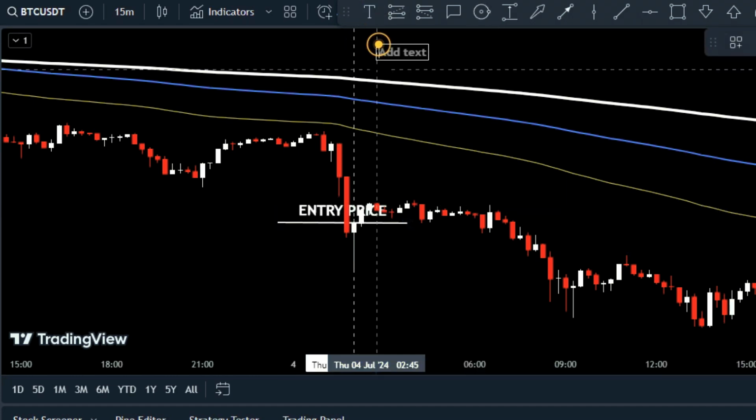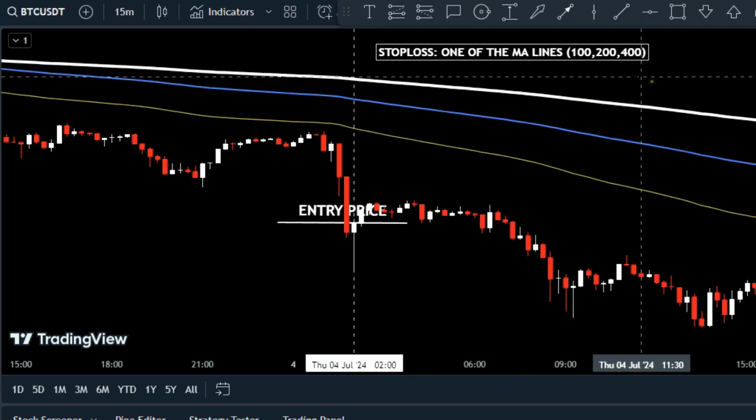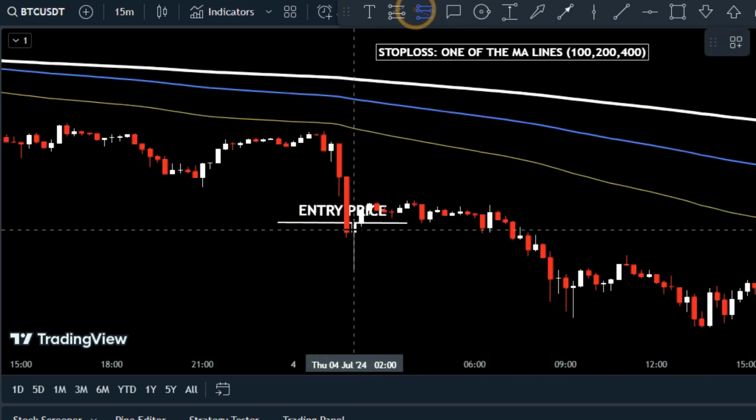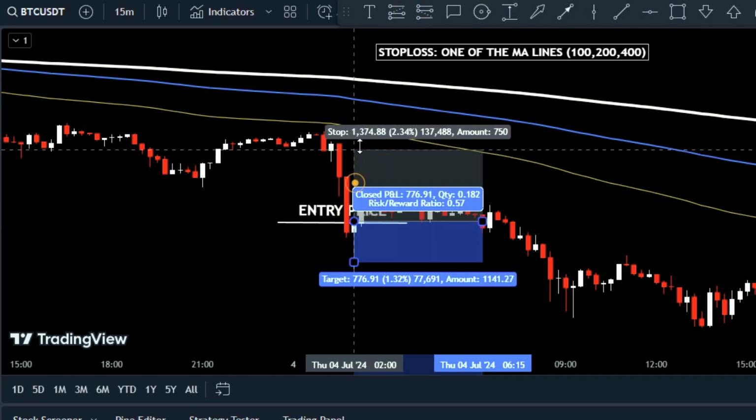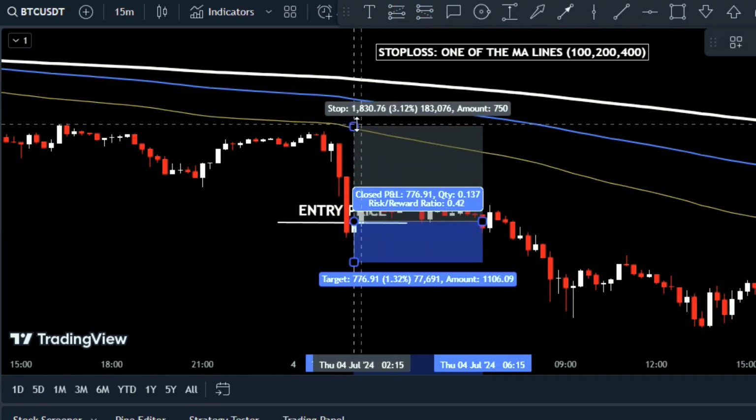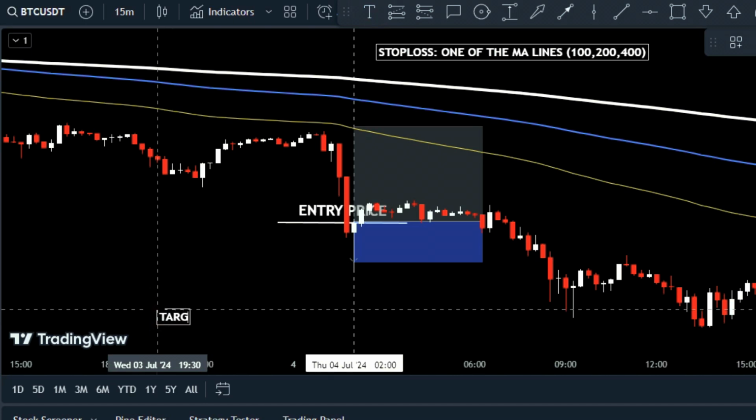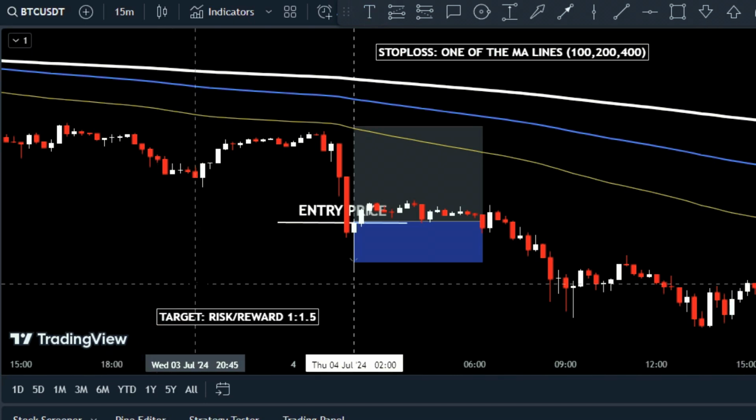The stop loss should be placed right above one of the moving averages. As for the take profit, we are aiming for a risk-reward ratio of 1 to 1.5.